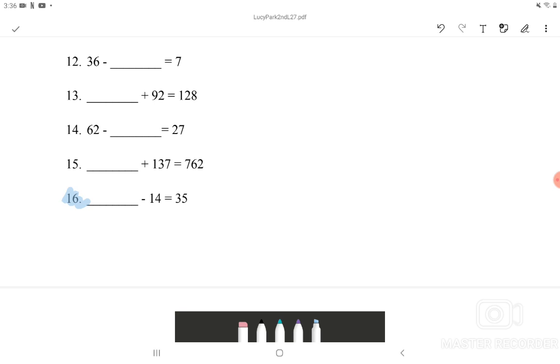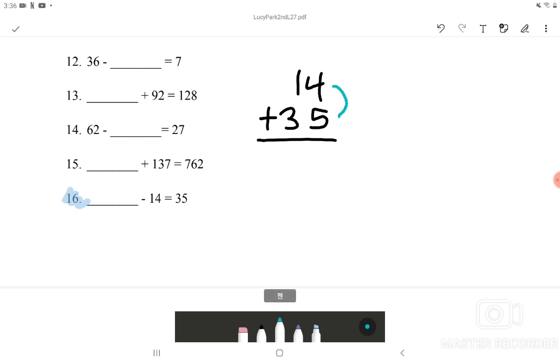So it says blank minus 14 is equal to 35. And we know that the blank is the greatest number in this equation, so we would have to add 14 and 35 to get this big number. 4 plus 5 is equal to 9, and 1 plus 3 is equal to 4. We know that the answer for 16 is 49.